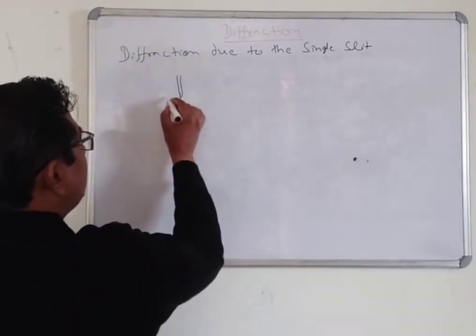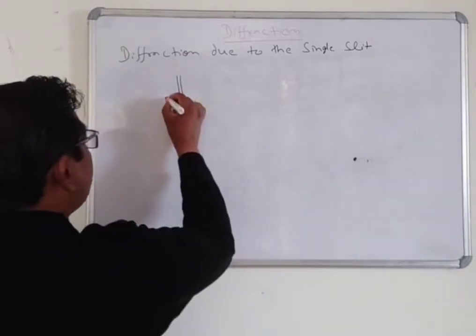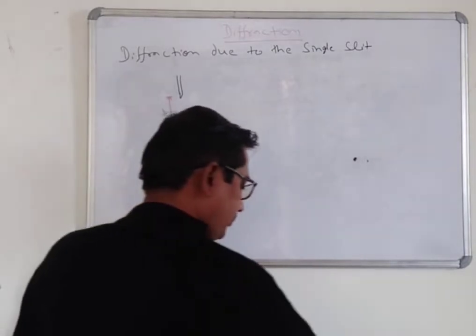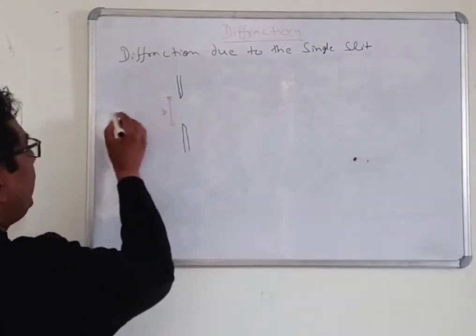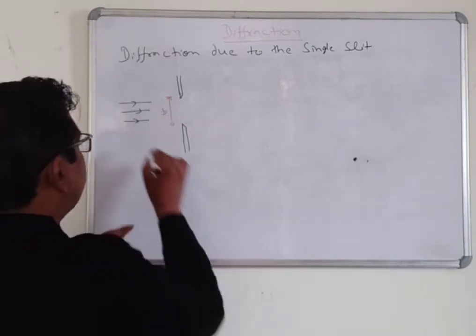Suppose that the width of the opening is equal to small b, and a parallel beam is incident on a single slit.